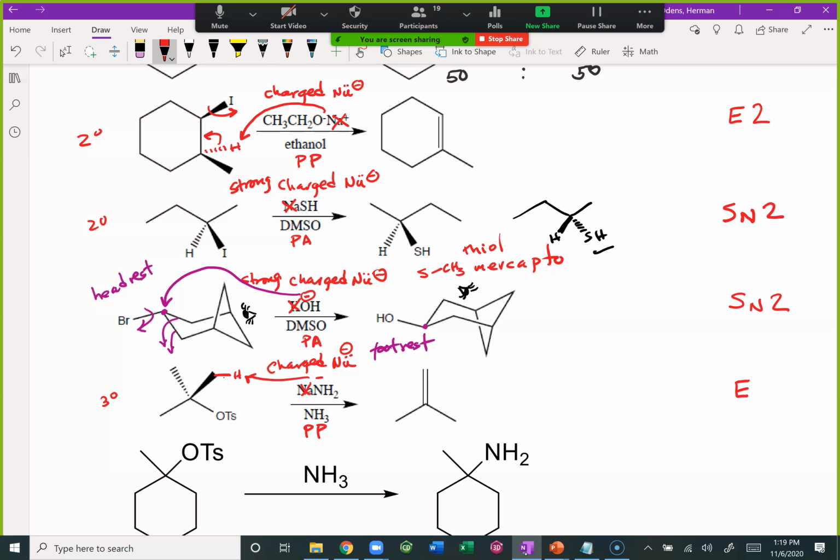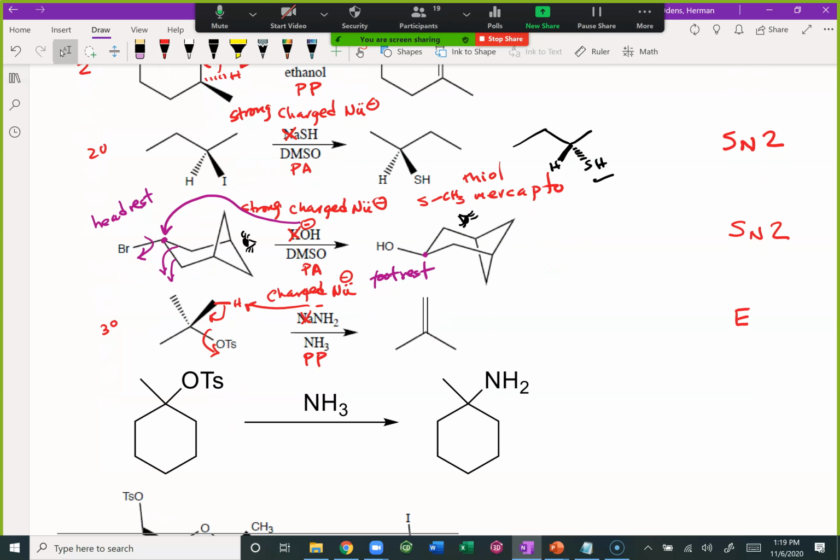It grabs the H, makes the double bond, and kicks off the tosyl group. That is a tosyl group. And it makes the double bond, and it makes the Zaitsev alkene. Here's an example of the Zaitsev alkene that is thermodynamically driven. So, not bad.